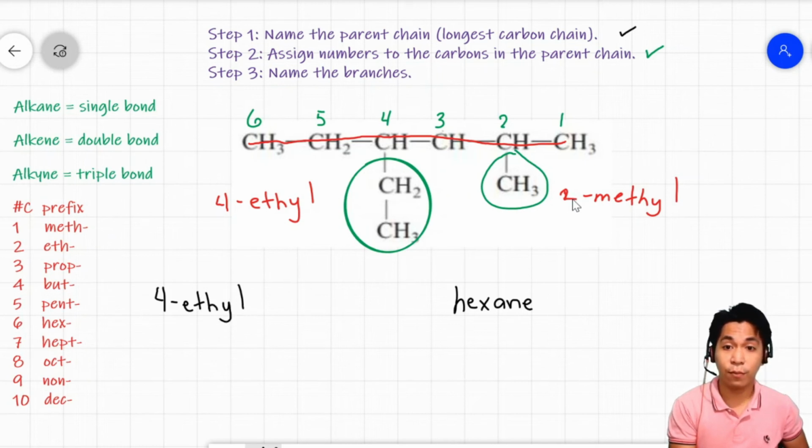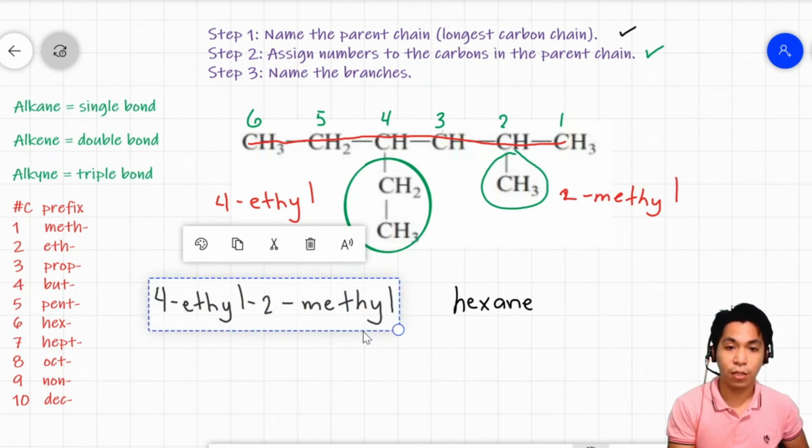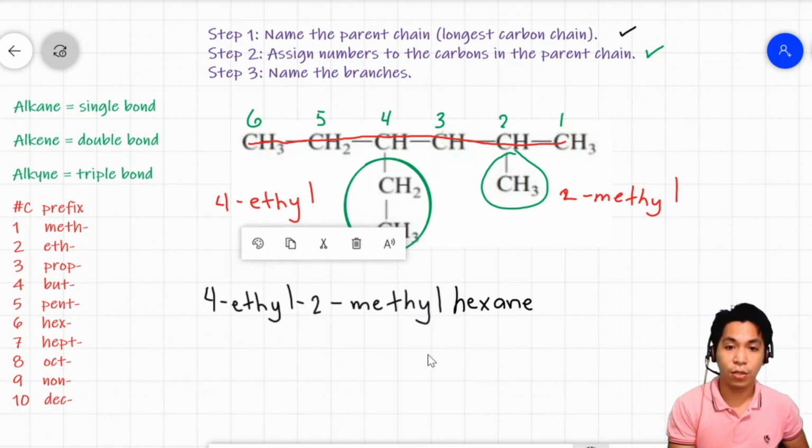Okay, and then follow it up with another branch, which is dash 2-methyl. Now, as you can see, we always separate the number to the letter with a dash. So therefore, what is the complete name of our molecule? The complete name of our molecule is 4-ethyl-2-methylhexane.